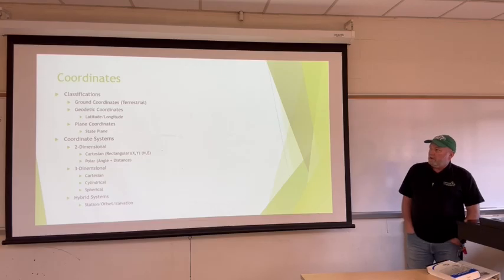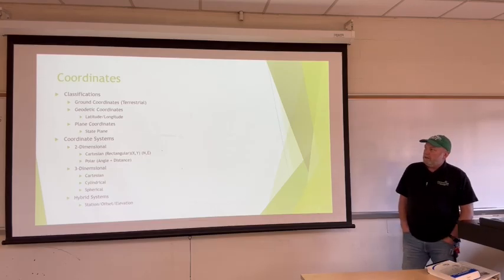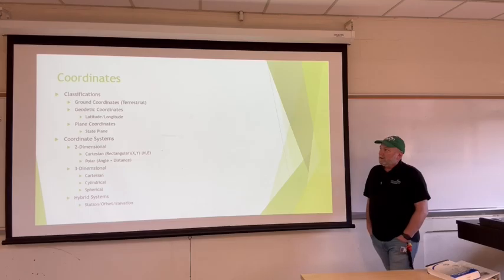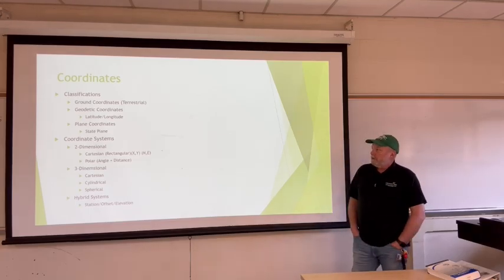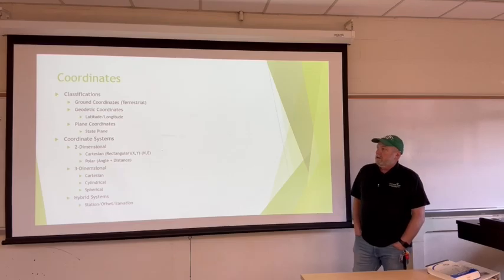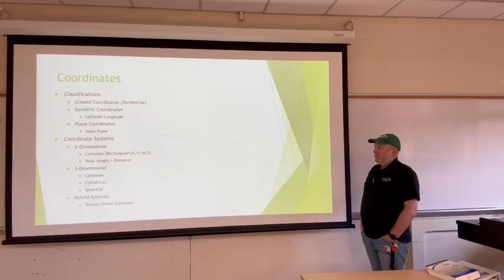Well, there's a difference with all of them. You will hear talk about state plane, ground, and grid when you're dealing with GNSS systems. Geodetic coordinates are also your GNSS type things, your latitudes and longitudes. And then coordinate systems, we look at them in two-dimensional, three-dimensional, and hybrid.